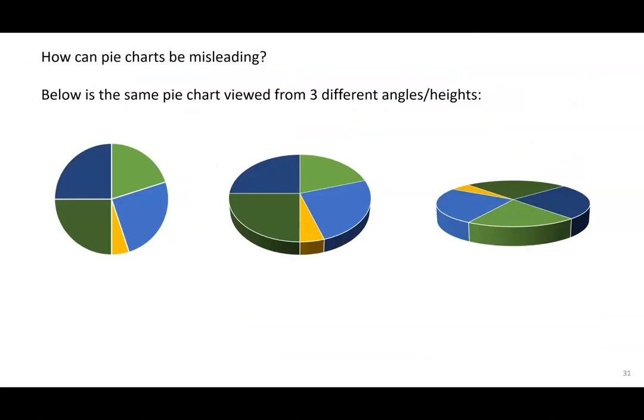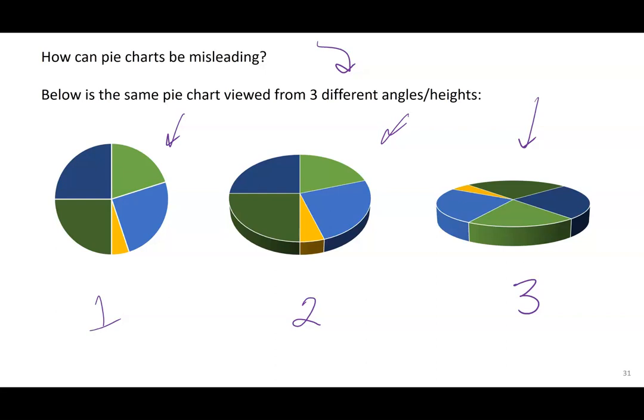So how can they be misleading? I wanted to show, here I have 3 pie charts, and they're all the same pie chart. This one is looking straight down, this one's looking at an angle from a certain height, this one's changing it.